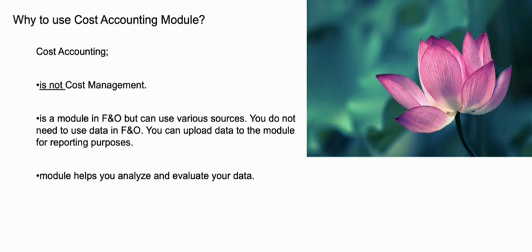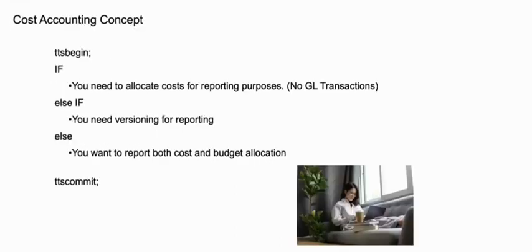This module helps you analyze and evaluate your data. The cost accounting concept is that if you need to allocate cost for reporting purposes and you don't require any GL transactions accordingly, you can use cost accounting module.